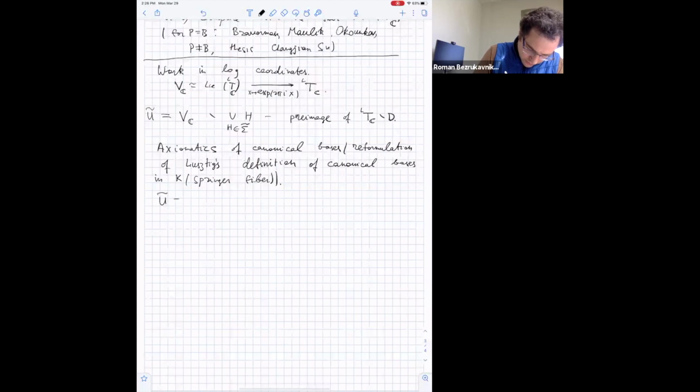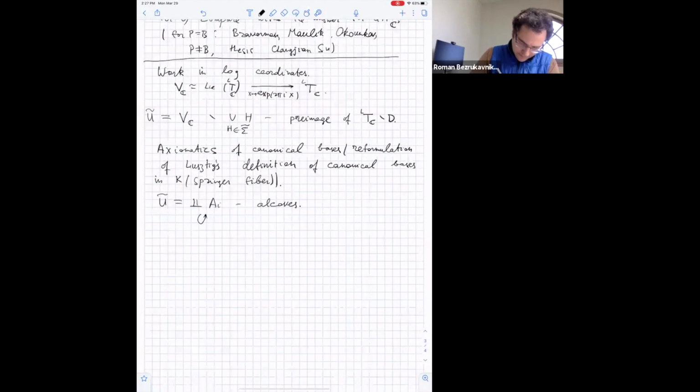So U tilde is of course a disjoint union of I, so these are alcoves. And it's acted upon by this group WP semi-direct Lambda. So this action is transitive if in the Borel case, not in general.